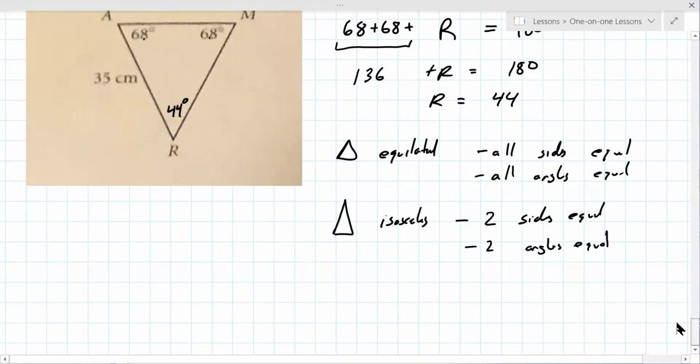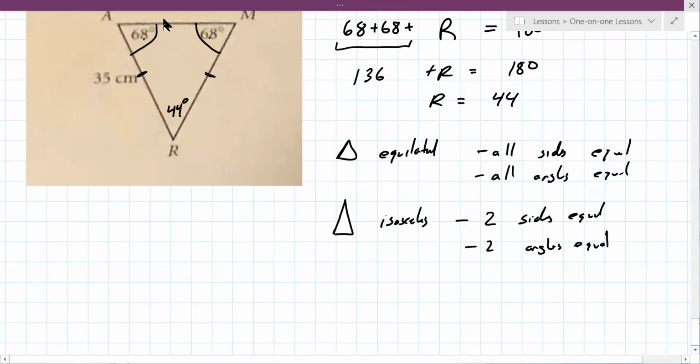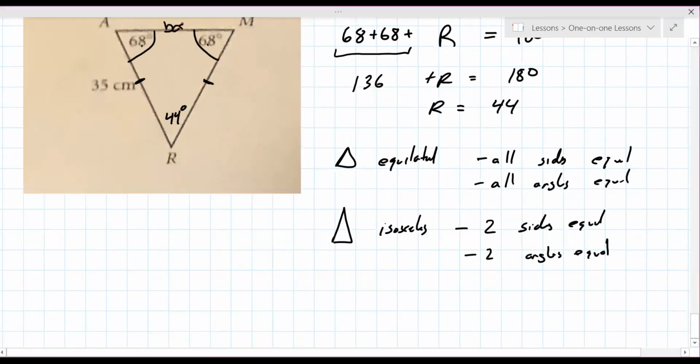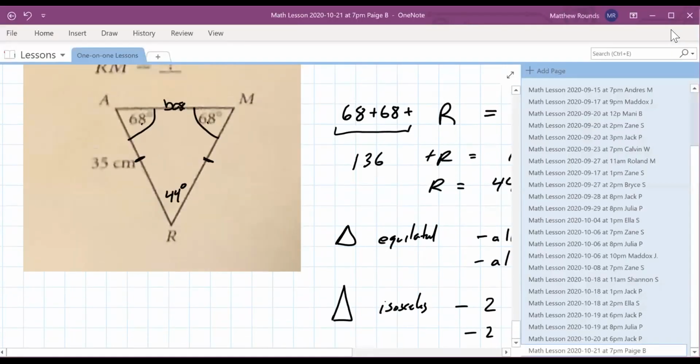So in this case, this side of 35 is equal to this side of 35. The reason is these angles right here are called base angles, and the sides that go next to the base angles, but not the base, are equal. This is the base even though it's at the top. Are you still able to see my screen? Yeah.